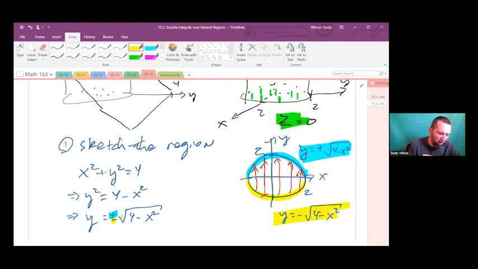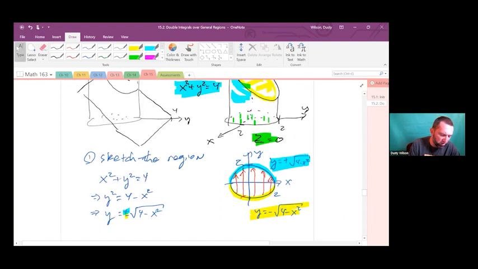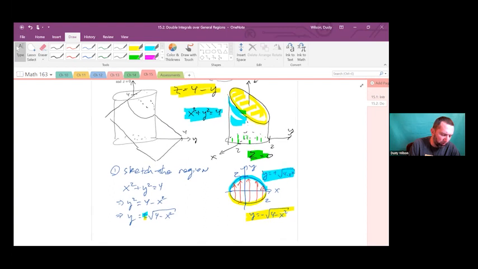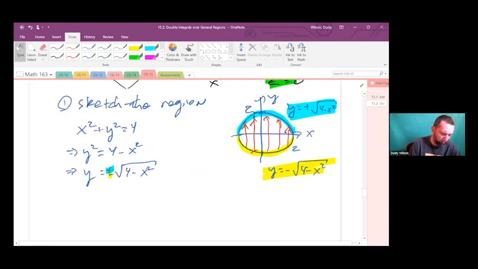So we have our region D. We have our integrand. Now we should be able to set up our iterated integral.